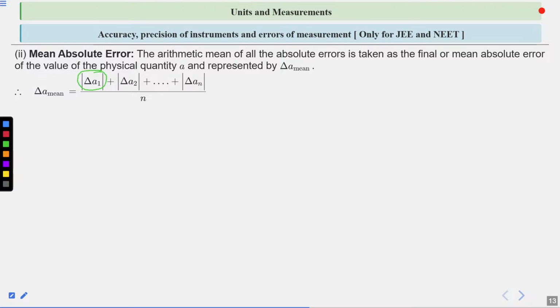Similarly delta A2 is an absolute error, and similarly delta AN is an absolute error. Now using the formula of the mean value, add all these absolute errors and divide by the number of absolute errors. There are n absolute errors. So add the first absolute error, the second absolute error, plus the nth absolute error, divided by n. So the mean absolute error is represented in this form.